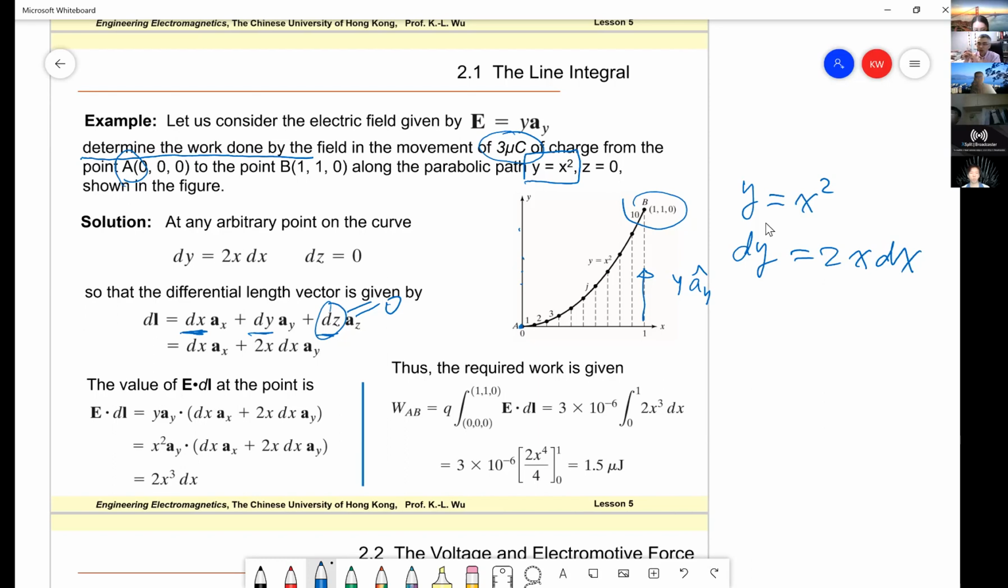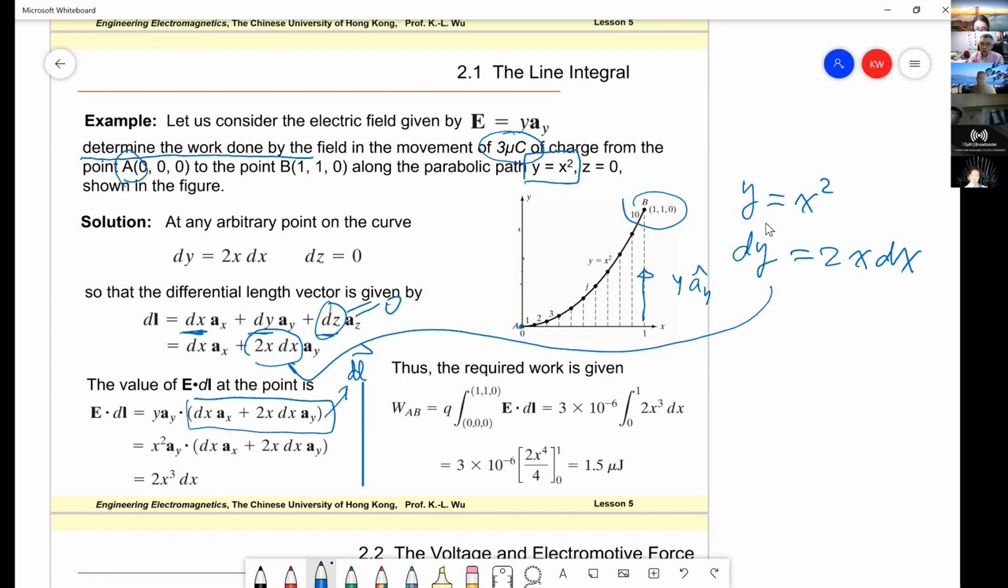So we replace dy by 2x dx, and then we can simplify our dl with only the variable dx.